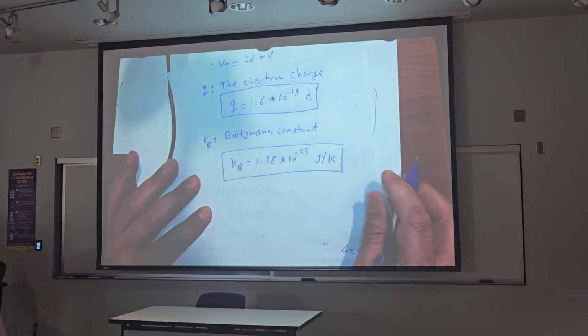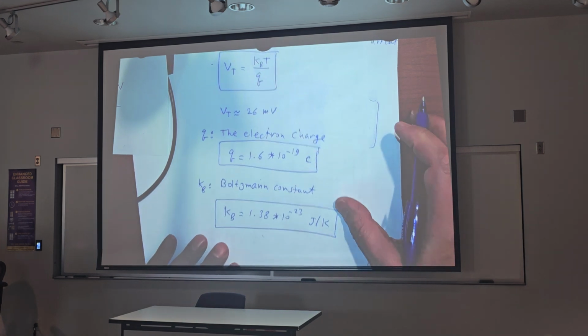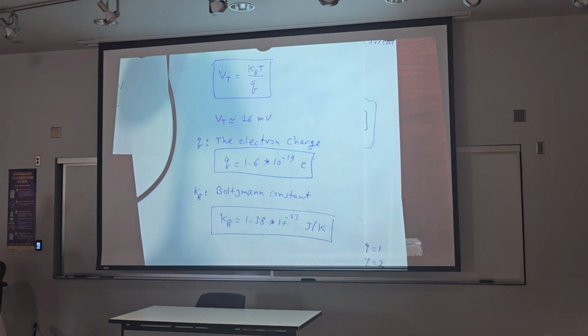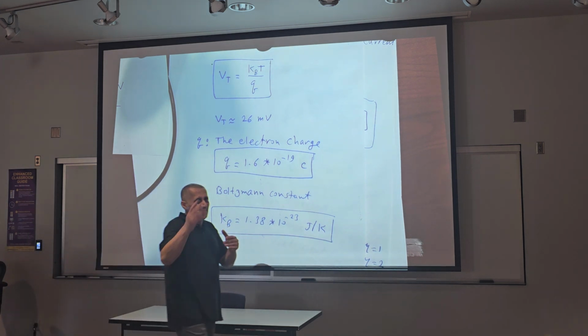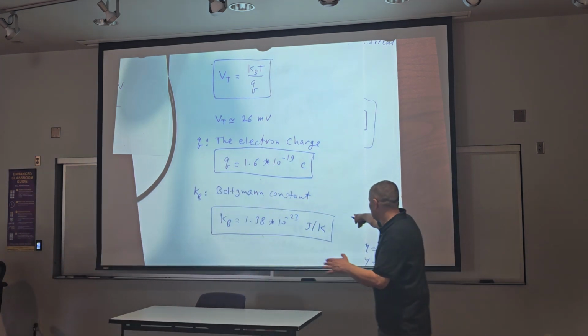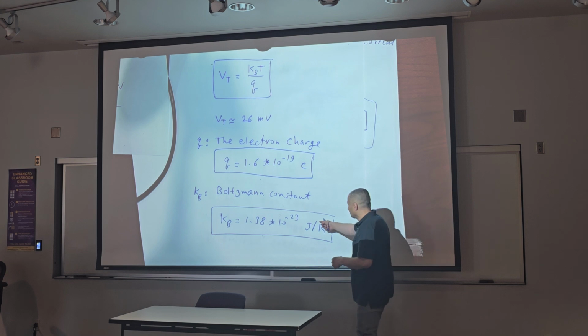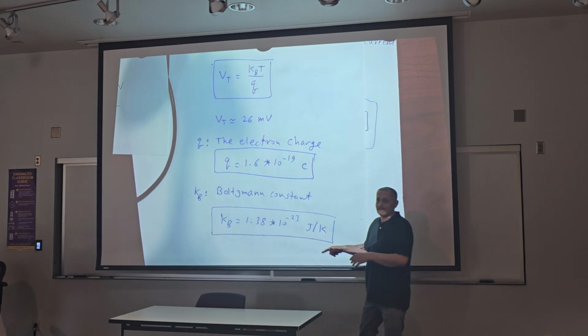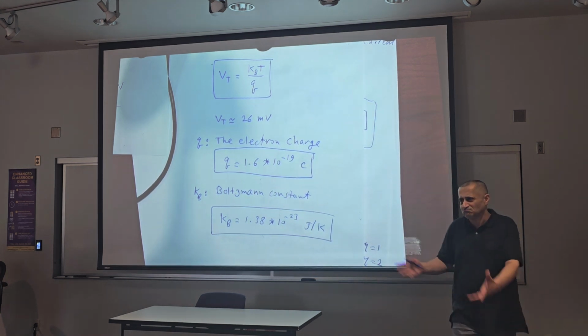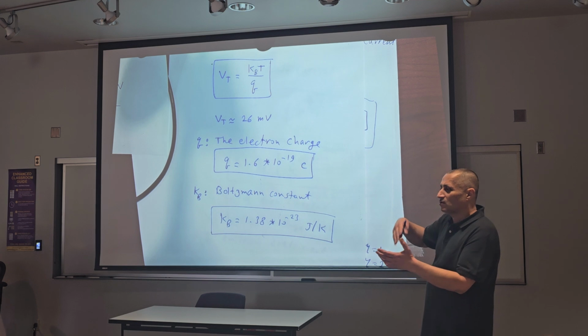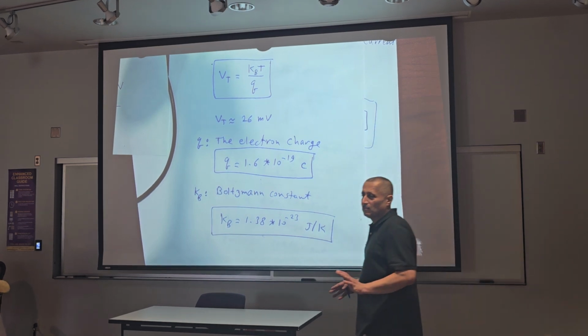See, we have three types of temperature units: either Kelvin, Celsius or centigrade, or Fahrenheit. Okay, then here it is joule per Kelvin. It's fine. You can convert it to other units, no problem.